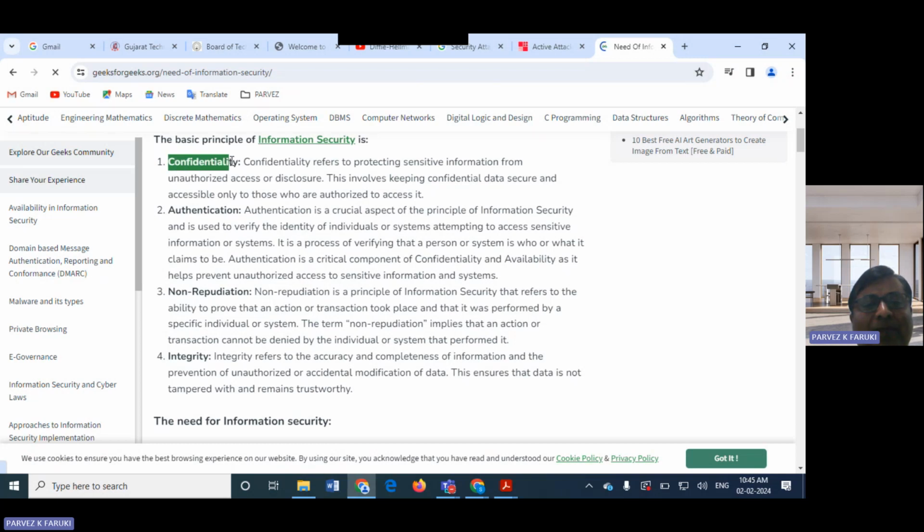If Bob is able to ensure that the communication between him and Alice, who is a client, is protected from unauthorized access, then we say, as a part of information security, Bob has been successful in maintaining the confidentiality of his communication. You have to remember that Bob is one server for the sake of simplicity, and there are n number of clients that Bob has.